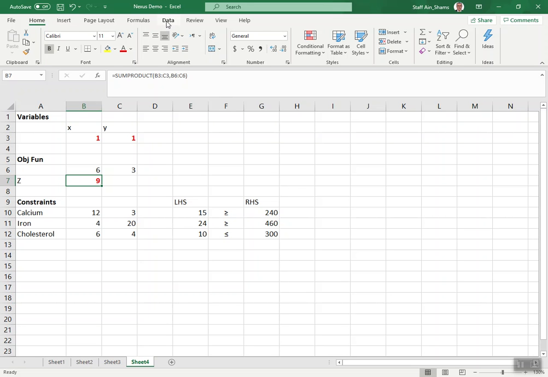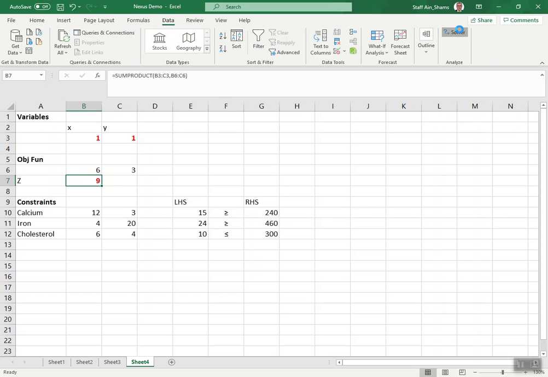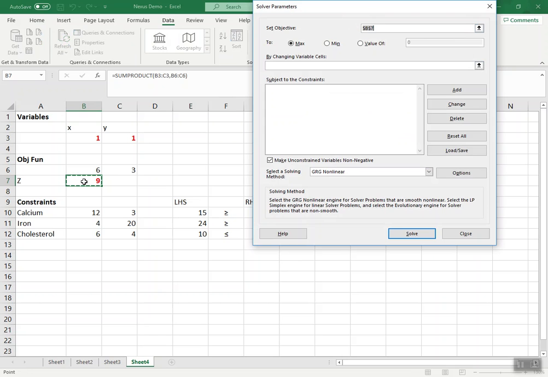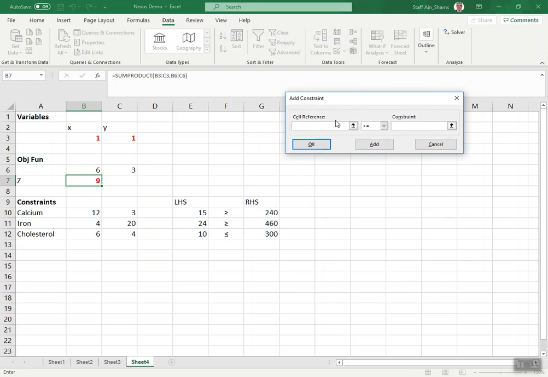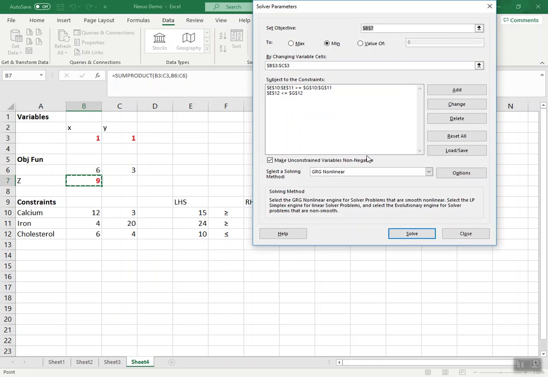I go to Data and then go to Solver, and then click at the objective function and say we like to minimize vitamin A by changing these two variables and adding two types of constraints. Two of these will be greater than or equal, these two. I will add to this that this constraint is less than or equal to this value here, and then I will say OK.